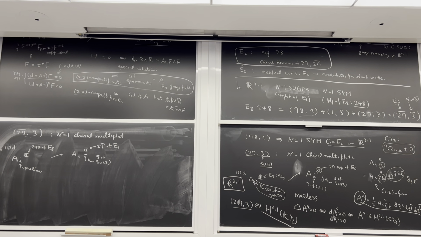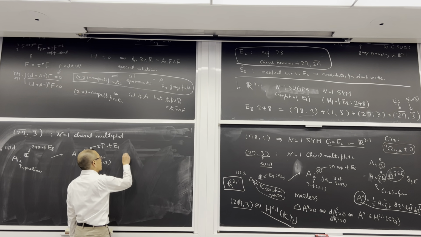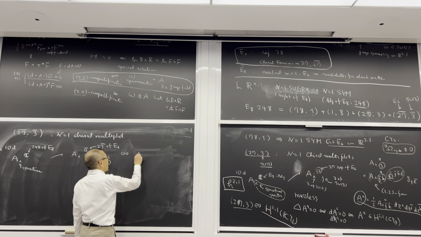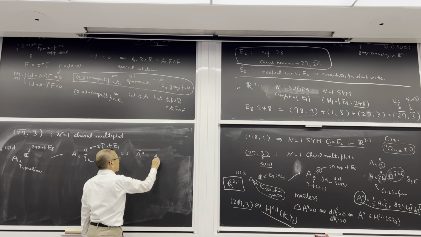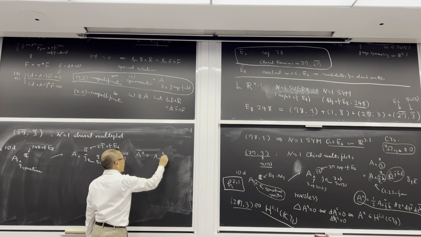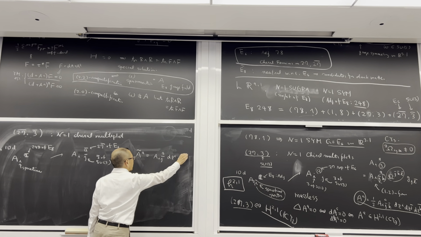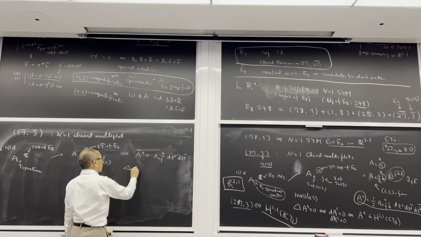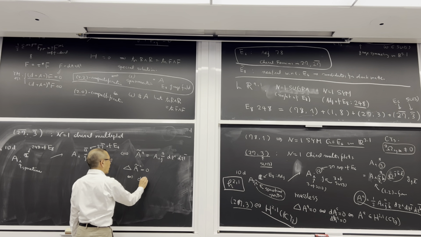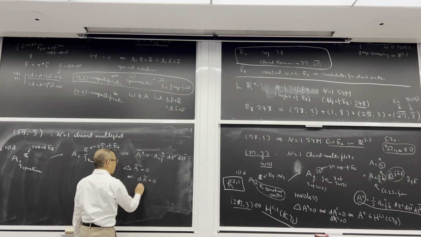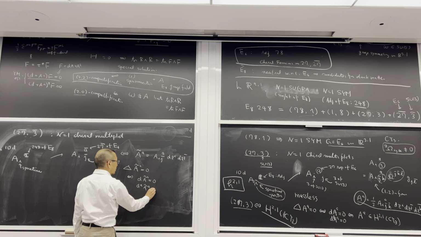Now this is easy, because this index goes from 1 to 3, and this one goes from 1 to 3. So it naturally corresponds to Ã = A_{I\bar J} dz^I dz^{\bar J}. Massless means that dÃ = 0 and d*Ã = 0.